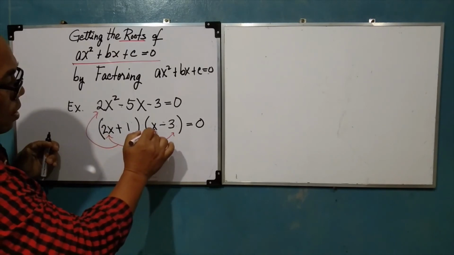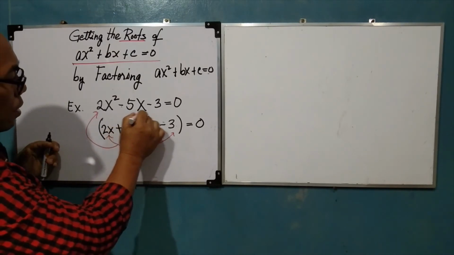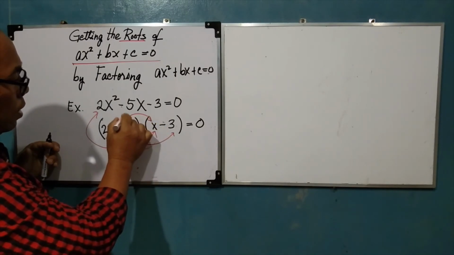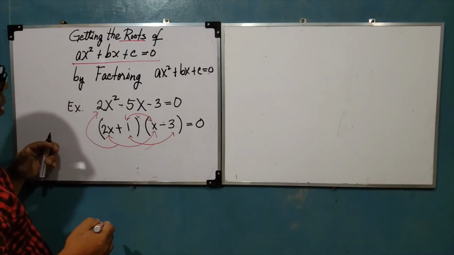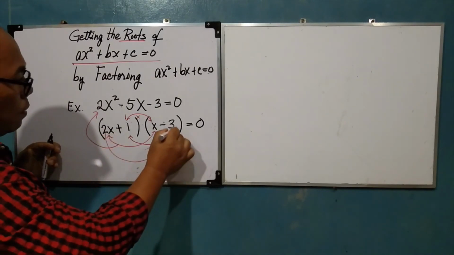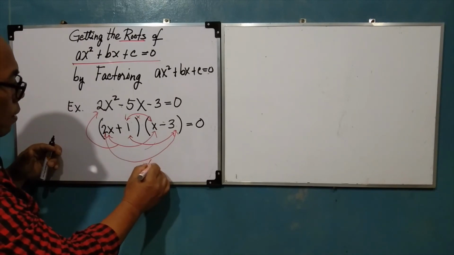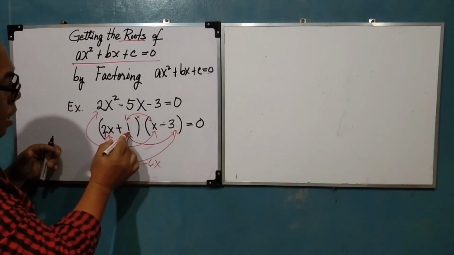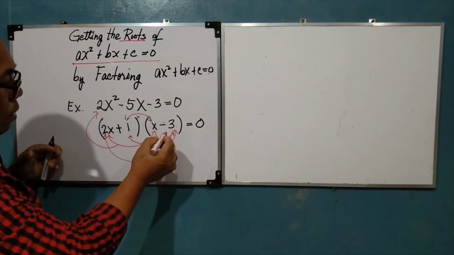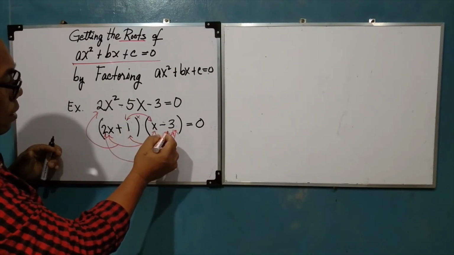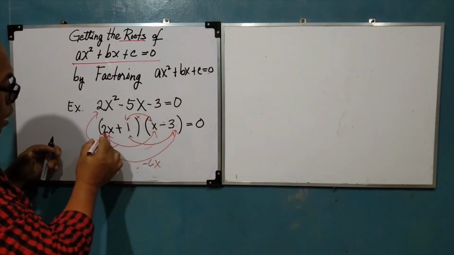First, okay. Then the inner, multiply the inner, so you will get x. Then the outer, you will get negative 6x. Then the last, 1 times negative 3, that is equal to negative 3.